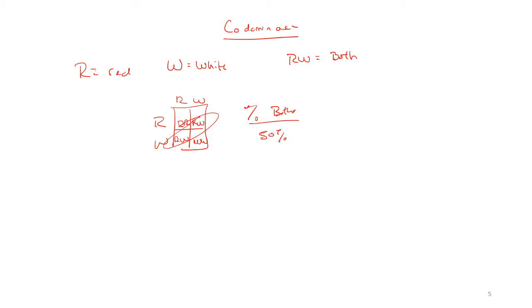But the interesting one, and I'm bringing this up because I have a hunch that they'll bring this up on the EOC one year, and maybe one year I'll be right. But there's blood types. That's what this little I with the A's and B's is all about. So if you see a capital I with an A and a lowercase i, or if you see a capital I and a capital I with two big A's there, that's A-type blood.